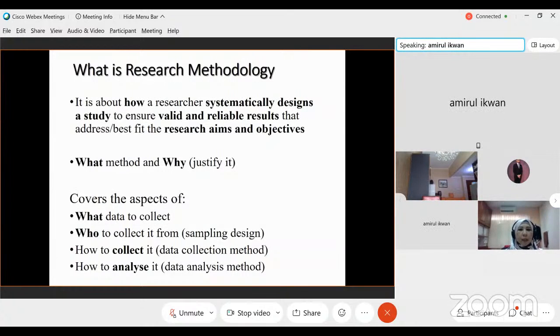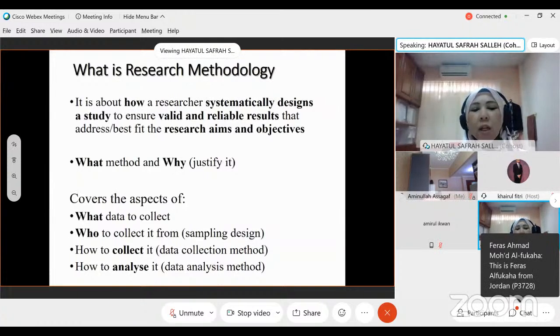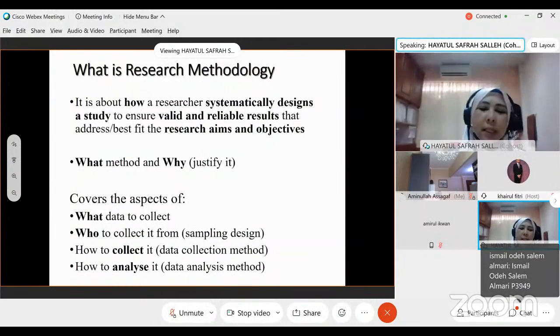Research methodology actually covers a few aspects. The most important are what data to collect and who to collect it from. This is sampling design. There are a lot of sampling designs, so you have to choose rightly. Then how to collect it, the data collection method. There are a lot of methods to use. And the other one is how to analyze your data. So research methodology covers these 4 important aspects.